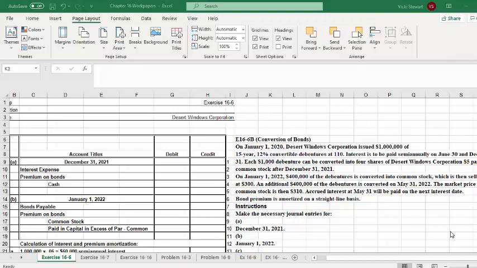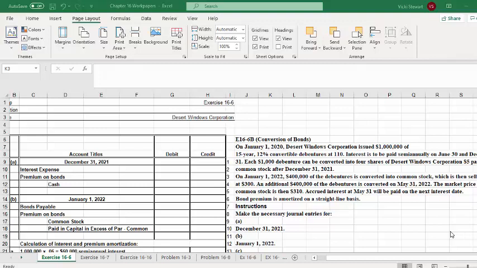An additional $400,000 of the debentures is converted on May 31st, 2022. The market price of the common stock is then $310. Accrued interest on May 31 will be paid on the next interest date.